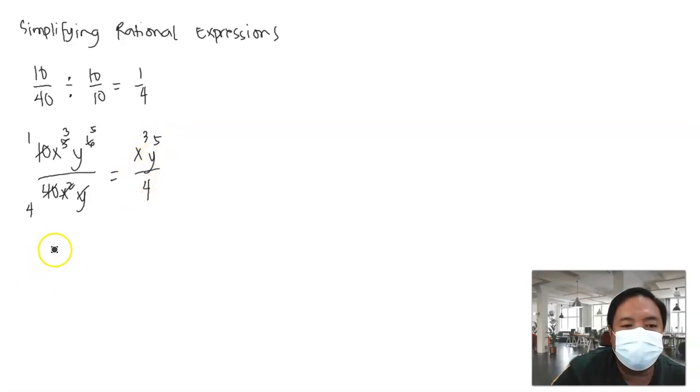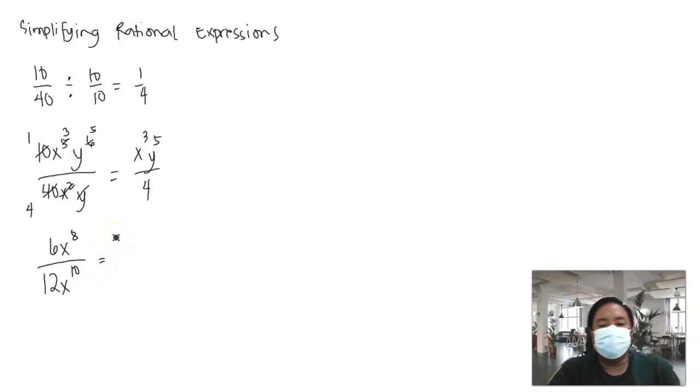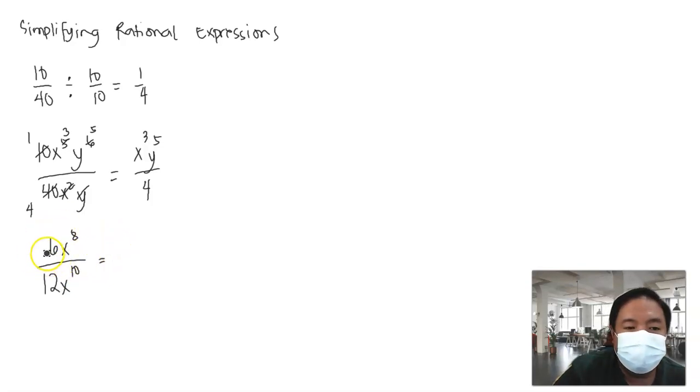Another one, let's try this. So if I have here 6x raised to 8, all over 12x raised to 10. So both numbers are divisible by 6. So numerical coefficient natin, magiging 1 at saka magiging 2. Sino mas mababa? Si x raised to 8.